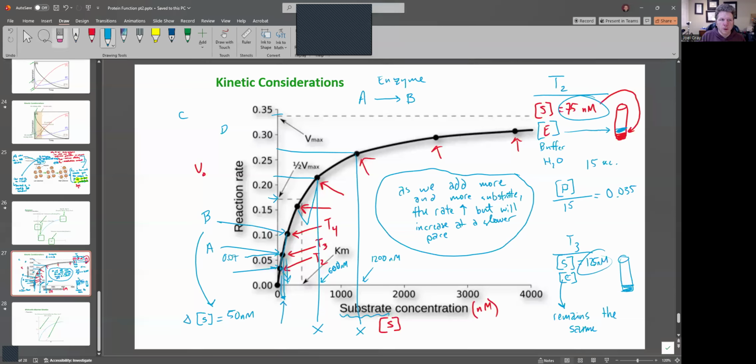Okay. Now, whenever you do all of this, you can make that estimation of your Vmax. Great. That's important. As soon as you do that, you have one performance metric where you can say, aha, my enzyme's maximum velocity, its Vmax, is approximately, we're going to call that 0.35.